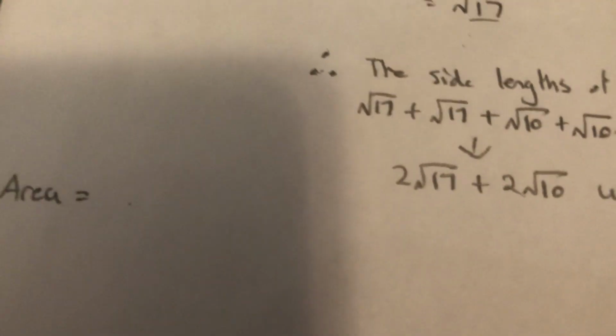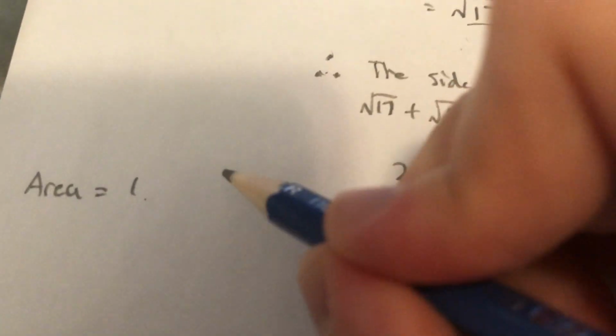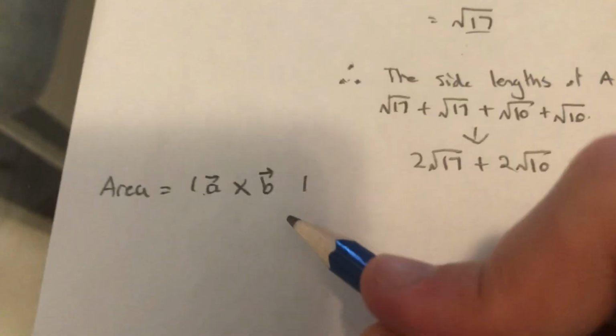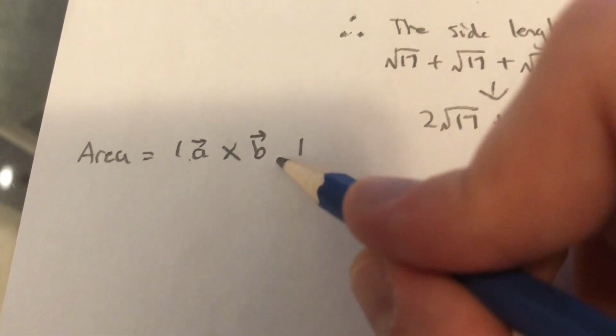To find the area of a parallelogram, we know that the formula is area equal to the magnitude of the cross product of vector A and vector B. So what is vector A and vector B?